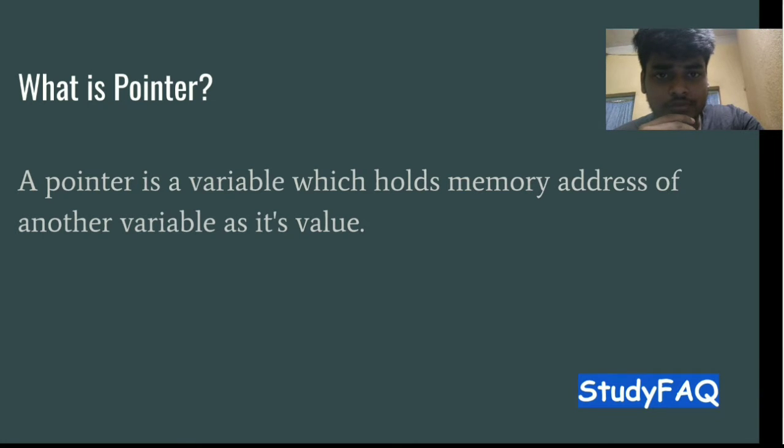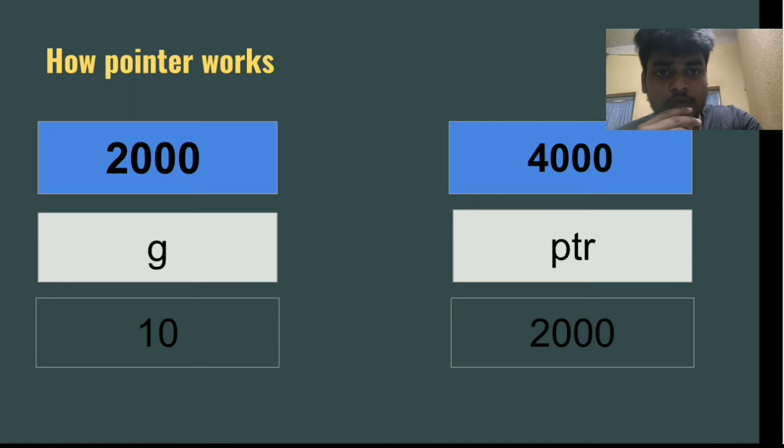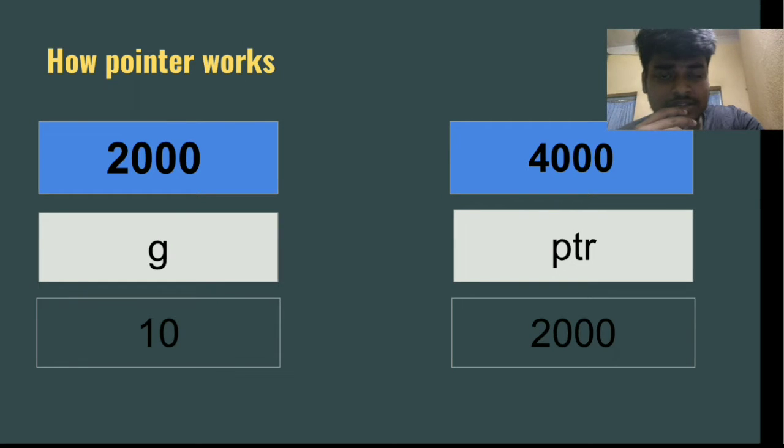Okay, moving on to the next slide, how a pointer works. Here we declare G and ptr. G is an integer type variable which holds the value 10, and 2000 is the memory address of G, which is somewhere in our memory. It is generated randomly.